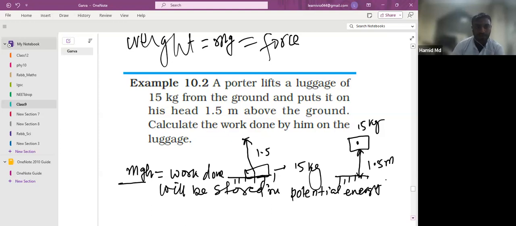If this is the object and we are raising it to a height, the work done will be equal to the change in potential energy, right? The change in potential energy is mgh. So just substitute the values of m, g and h, and you will get the work done.